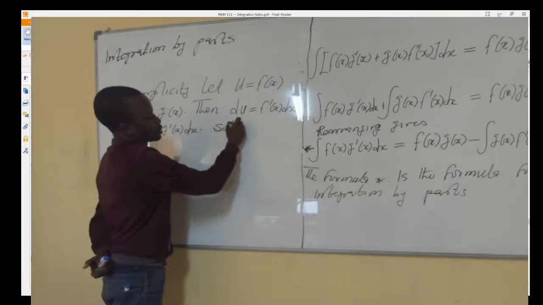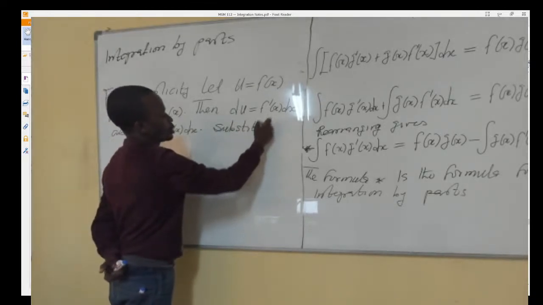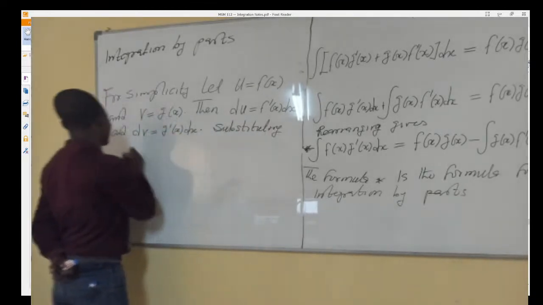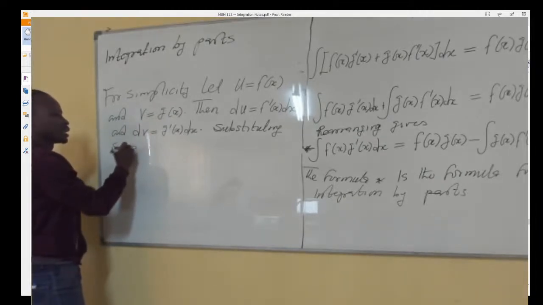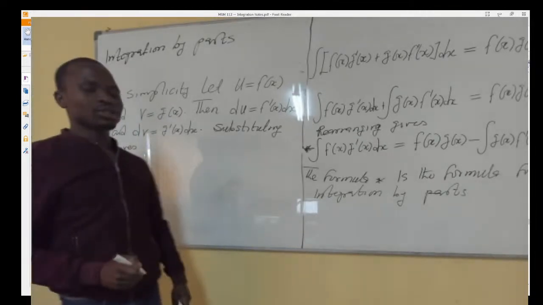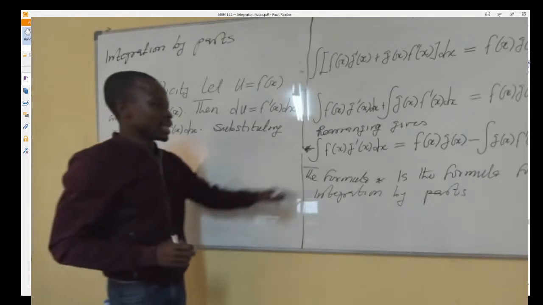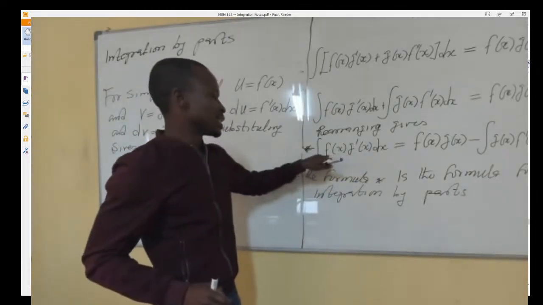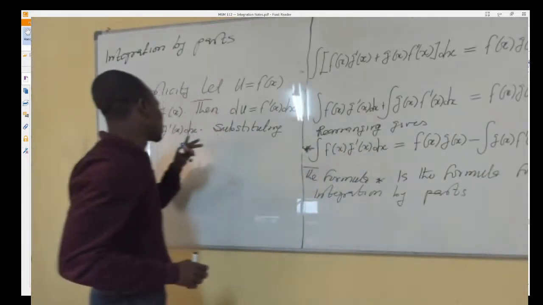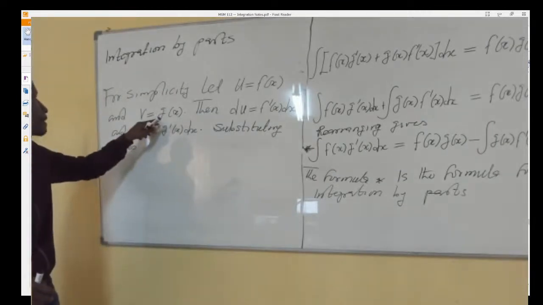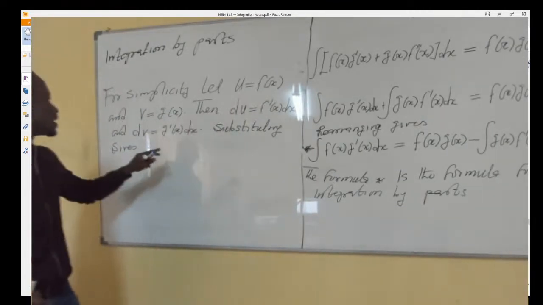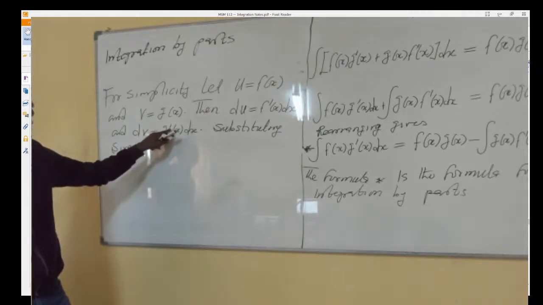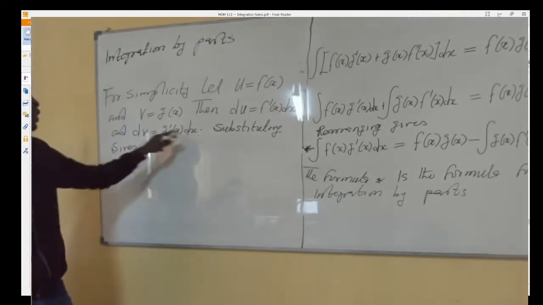So substituting gives this. In this formula, where there is f of x, you substitute it with u. Where there is g prime of x dx, the derivative of g of x with respect to x, you substitute with dv.